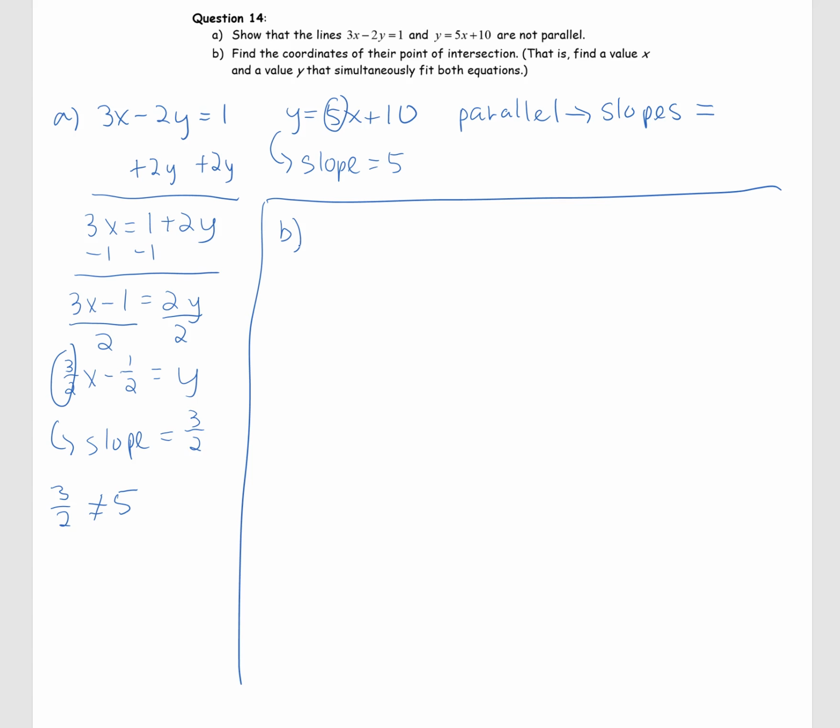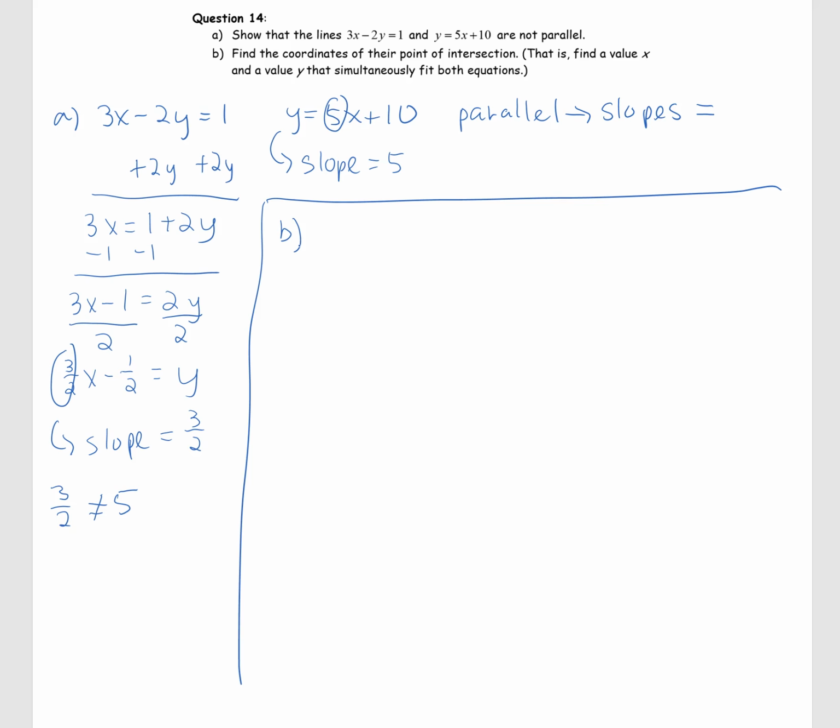So to do this, what we want to do is get an equation where we only have one variable, and then we can solve for it. So we know that for this point of intersection, our value for x for both equations has to be the same, and our value for y for both equations has to be the same.